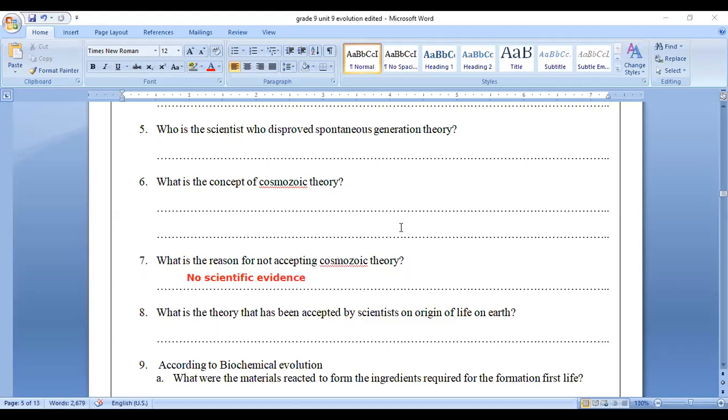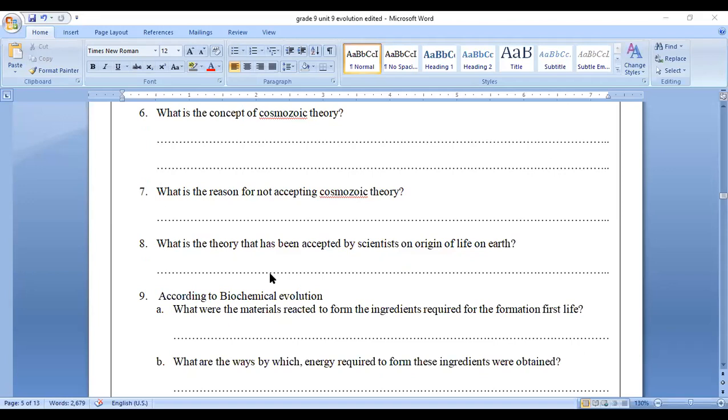Have you written it? Right. So, what is the theory that has been accepted by scientists on origin of life on Earth?